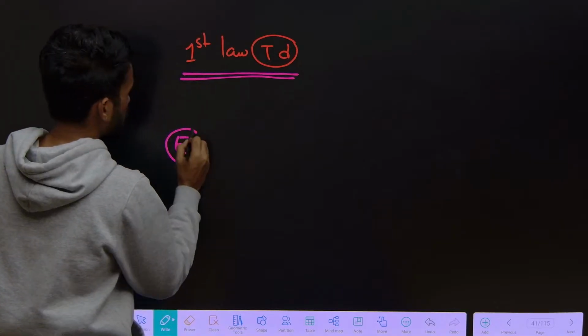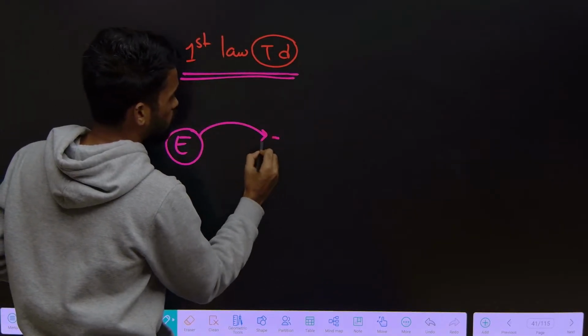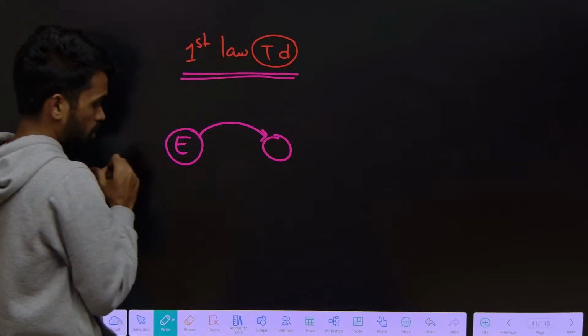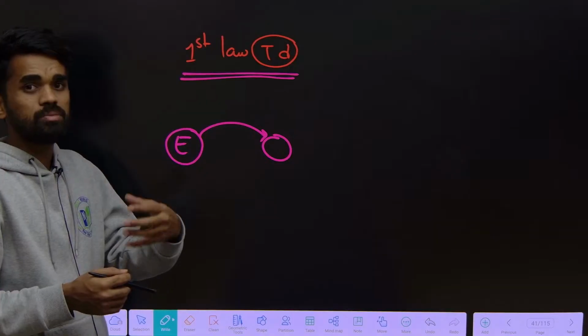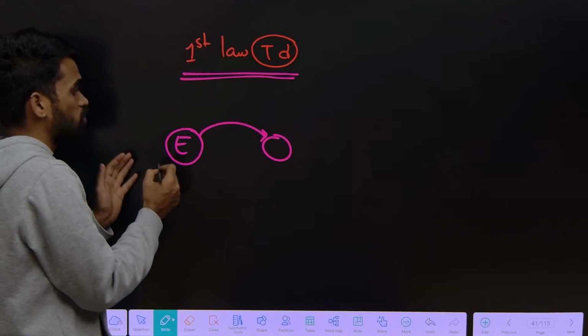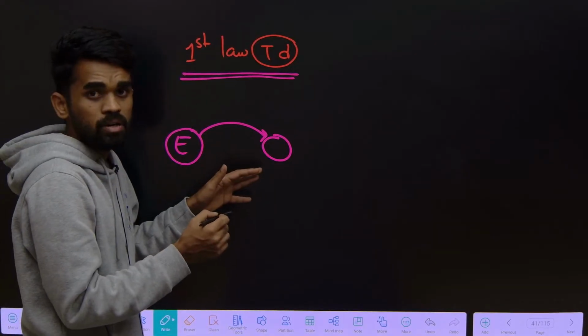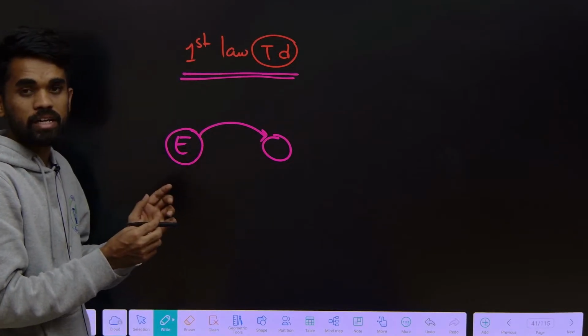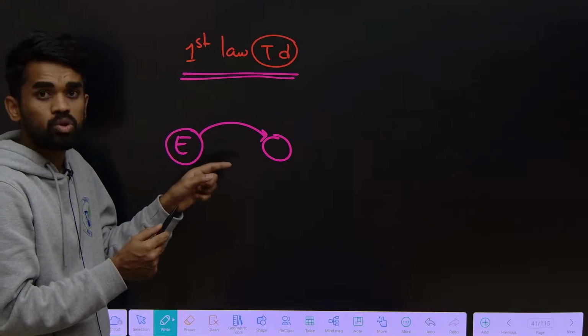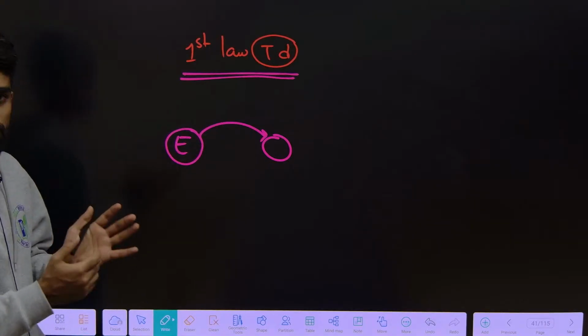Energy can convert from one form to another form, like mechanical energy becomes thermal energy or something like that. But it cannot be destroyed or created, it can only be transformed from one form to another. This is the basic definition we have.